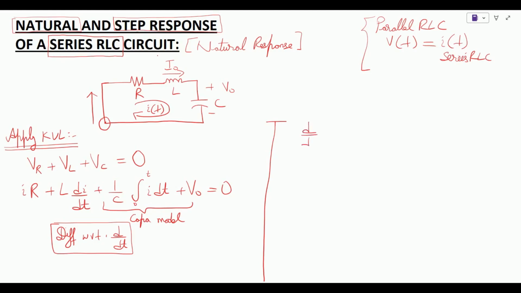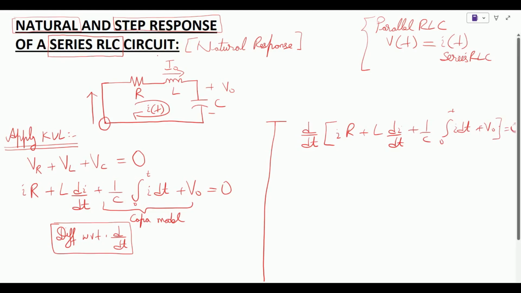d by dt of IR plus L di by dt plus 1 by C integral from 0 to t of I dt plus V0, and everything equals 0. Once we differentiate it, the equation will be R di by dt plus L d square I by dt square plus the derivative of 1 by C integral of I dt.